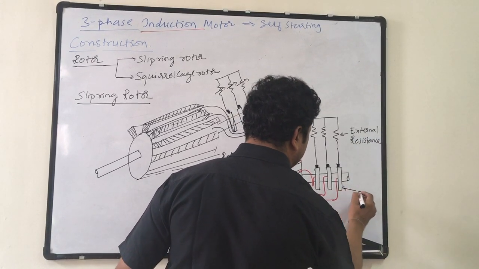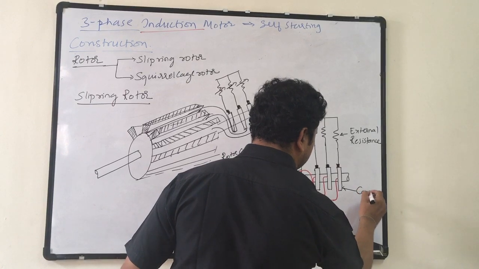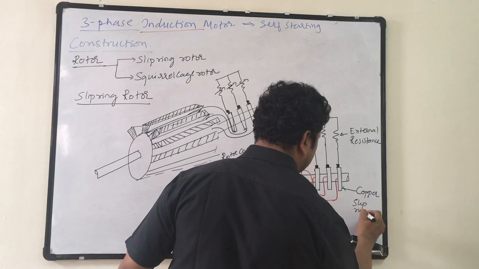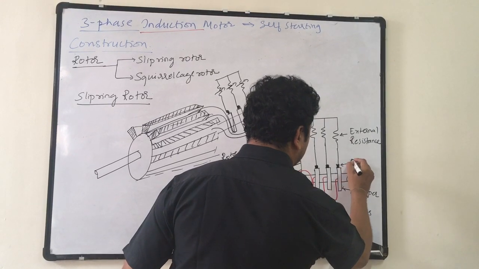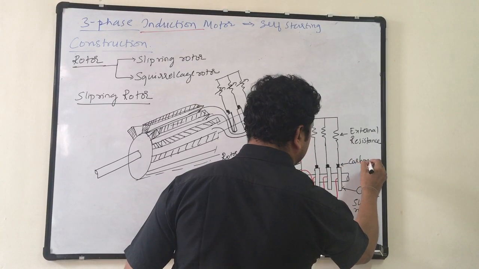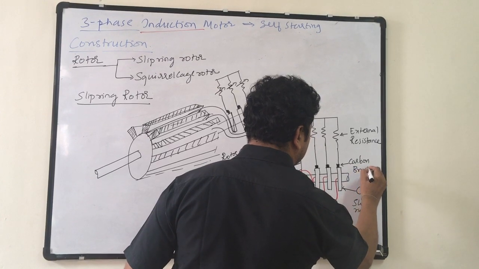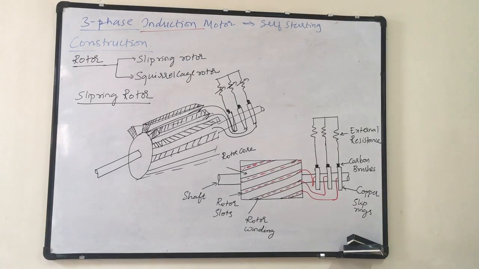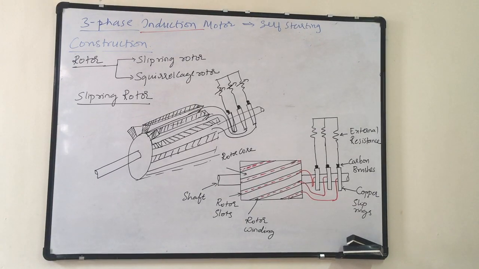These are copper slip rings. And these are carbon brushes. We use carbon brushes. Why? Because it is a soft material, so it won't create any damage to the slip rings.